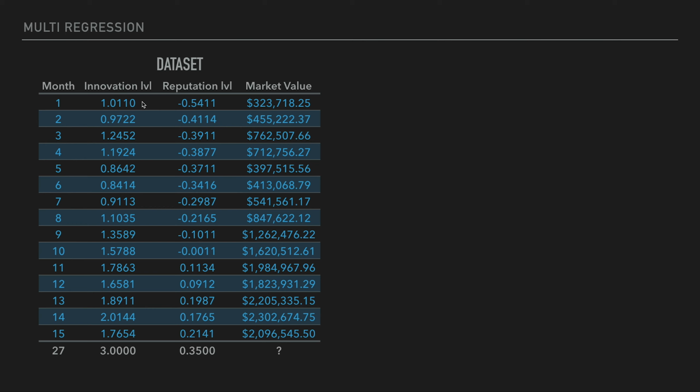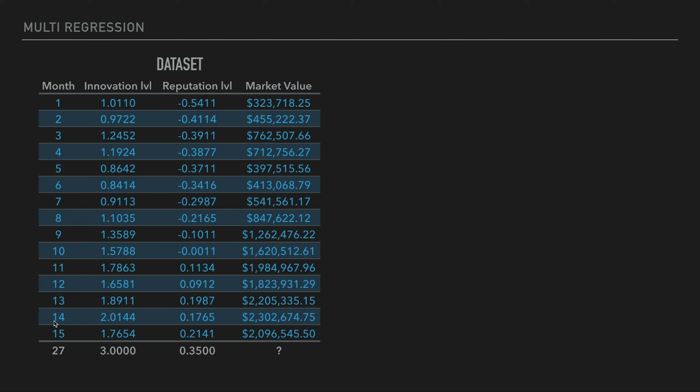The innovation and reputation levels are just floating point numbers, and the market value is pretty self-explanatory, right? So our projections say that the innovation level and the reputation level would be 3.0 and 0.35 respectively for 12 months after the 15th month, meaning on the 27th month.